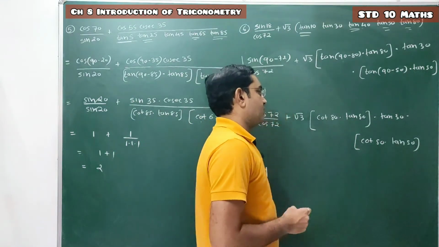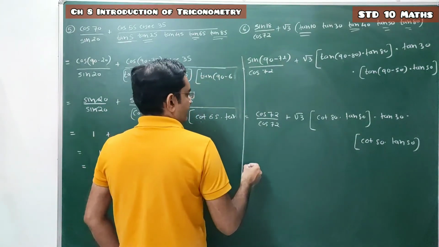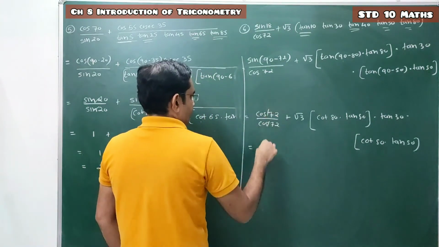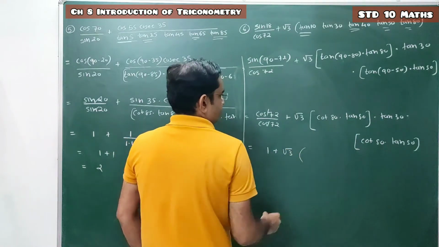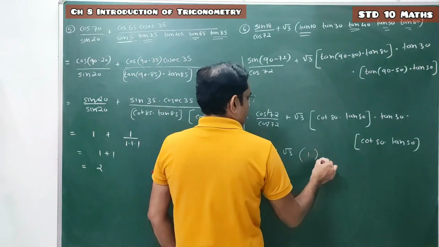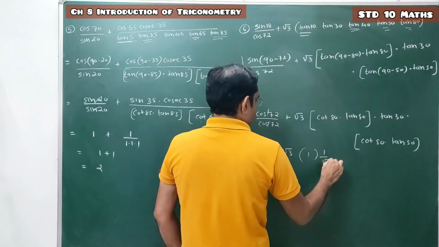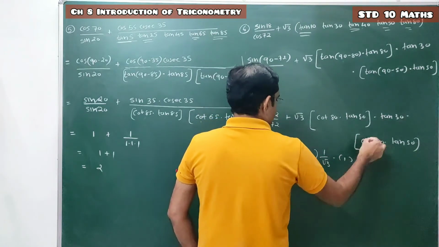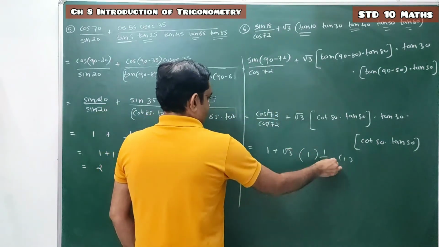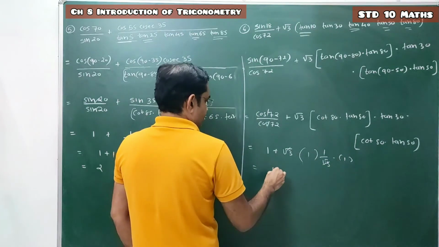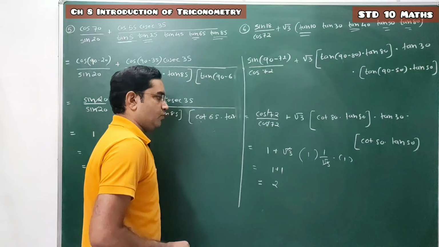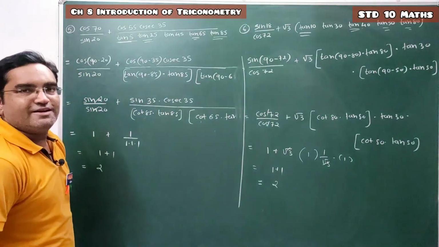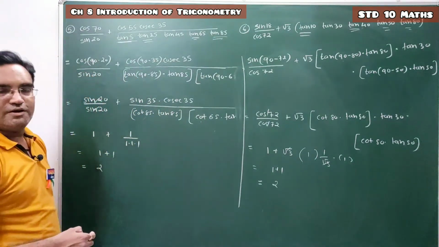Tan and cot are reciprocal of each other. Then multiplication is 1. This one cancels, 1 plus root 3. This one is 1. Tan 30 is 1 upon root 3, into this is 1. Root 3 cancels, it's 1 plus 1 again, so it is 2. Clear? Pause the video and note it down.